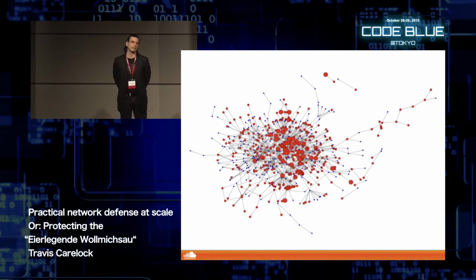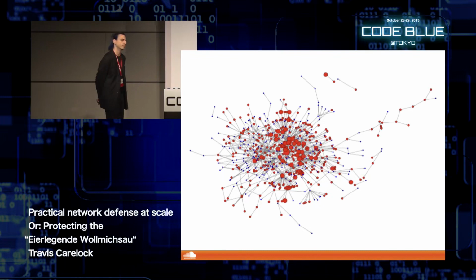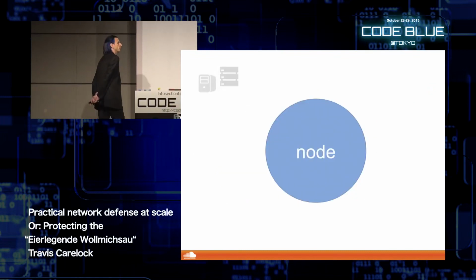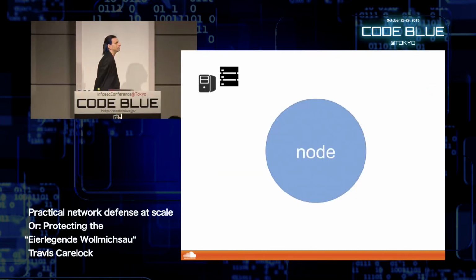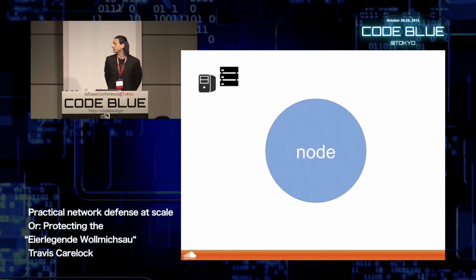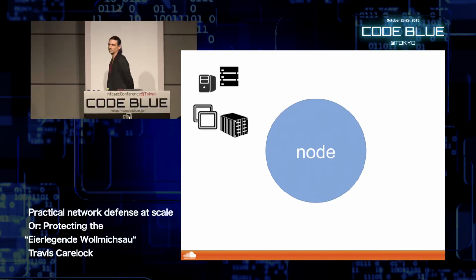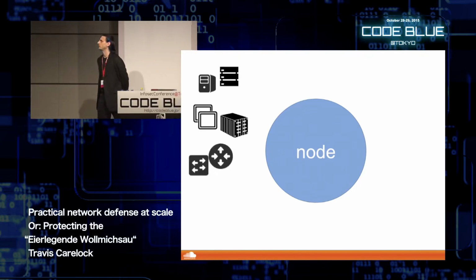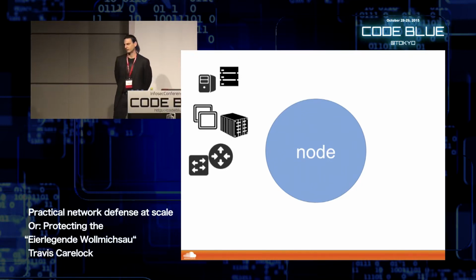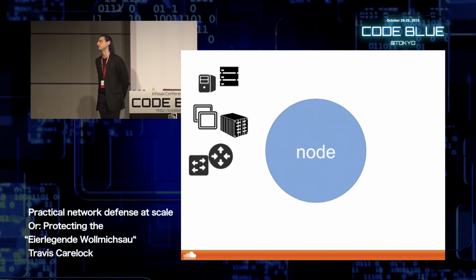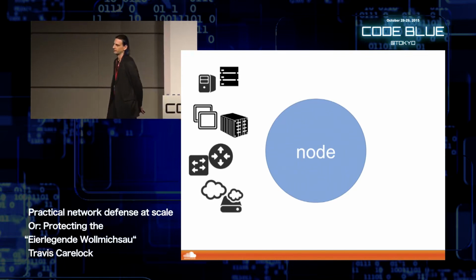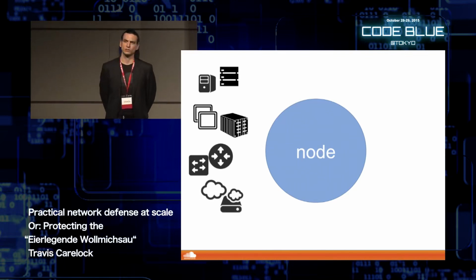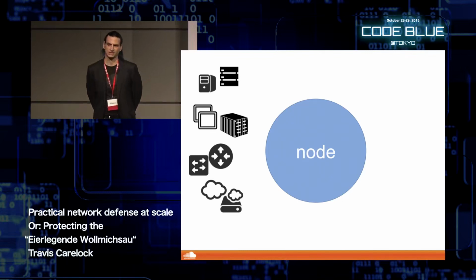So let's look at what any one of these nodes in this network might be. Any one of these nodes could be installed on some sort of physical hardware. They could be a container or a virtual machine of some sort. They might be the networking equipment driving the infrastructure. They might be your cloud instances. Most environments nowadays have some sort of cloud component to them.